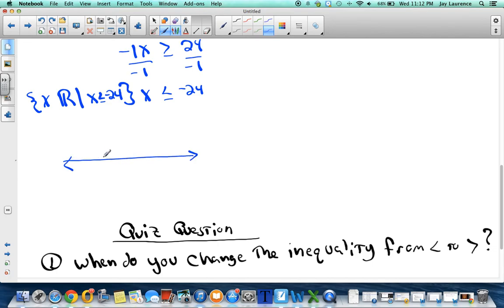And I'm going to get a negative 25, a negative 24, a negative 23. I need a closed point at negative 24 because it's equal to, and I'm going to fill in the blank. Give me a number that's less than negative 24. How about negative 100? That would be this way, wouldn't it? So I will shade in that direction.